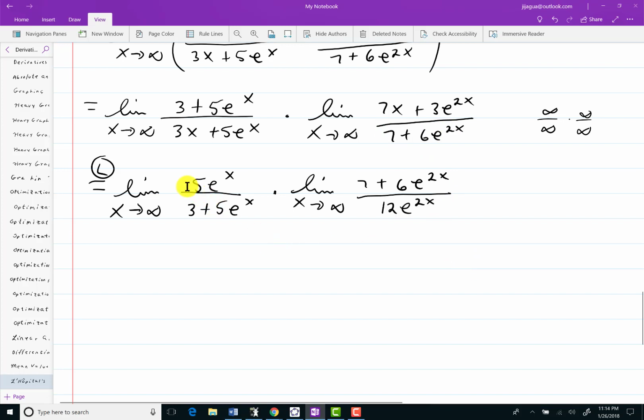Now I still have infinity over infinity, infinity over infinity, because the e's will force that. So I'm going to do L'Hopital again. The derivative of 5e to the x is 5e to the x. The derivative down here is 5e to the x.